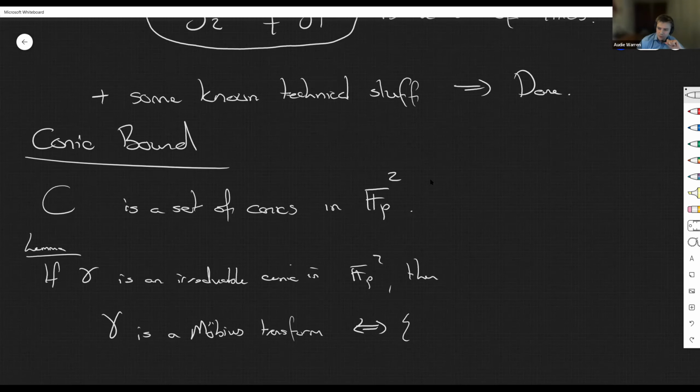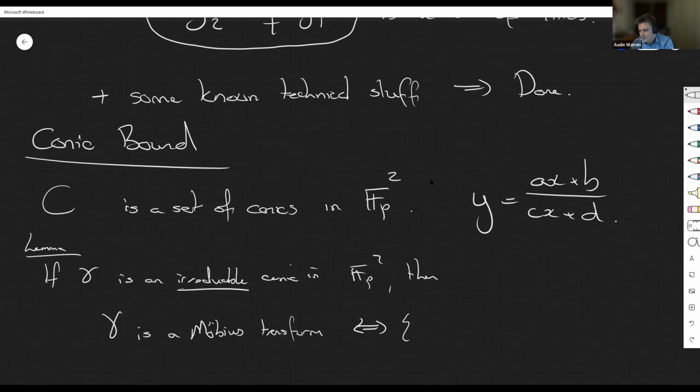So what I said before was they would either be a line, or they would have a vertical and a horizontal asymptote. So if I write down the equation again, y equals ax plus b over cx plus d. Well, in this lemma here, we're looking at irreducible conics. So we're not interested in lines. So we can assume that c is not 0.